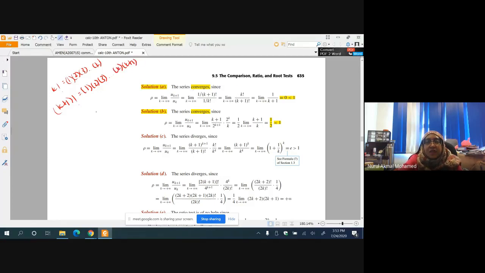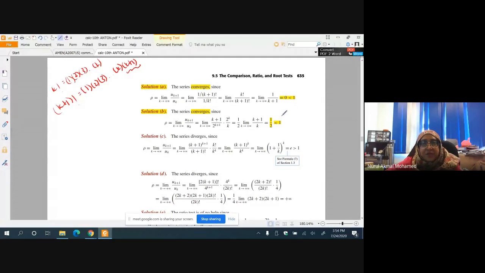If you take the ratio, you are missing one term here. It is 1 divided by k plus 1. If you take the limit as k tends to infinity, it will be equal to 0.